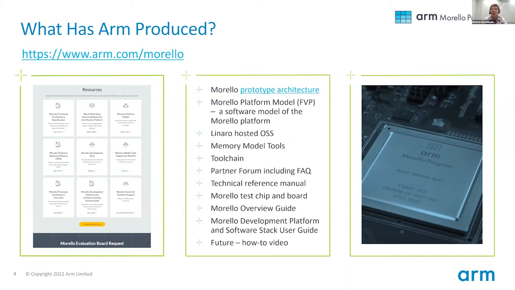We've got tool chains. We've got a partner forum, an FAQ to allow people to interact with it, a technical reference manual for the board, as well as this test chip and board that is now just about reaching the point at which we're making it available to the many participants in the Digital Security by Design program.